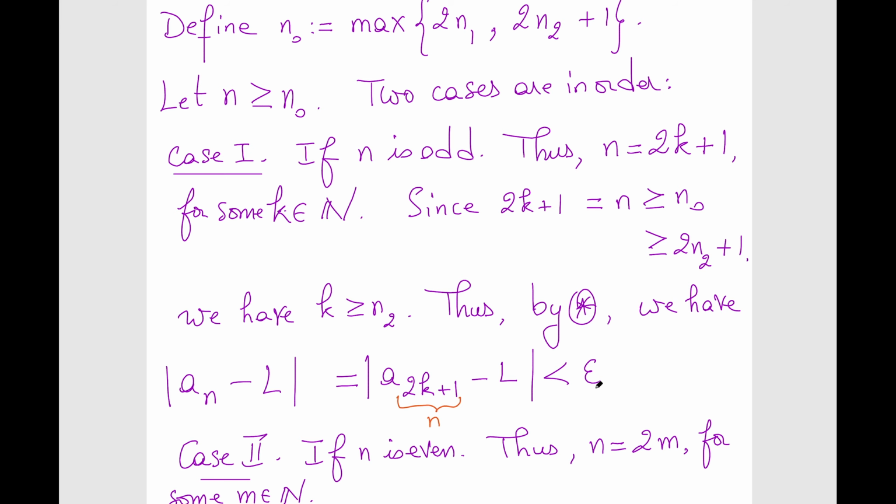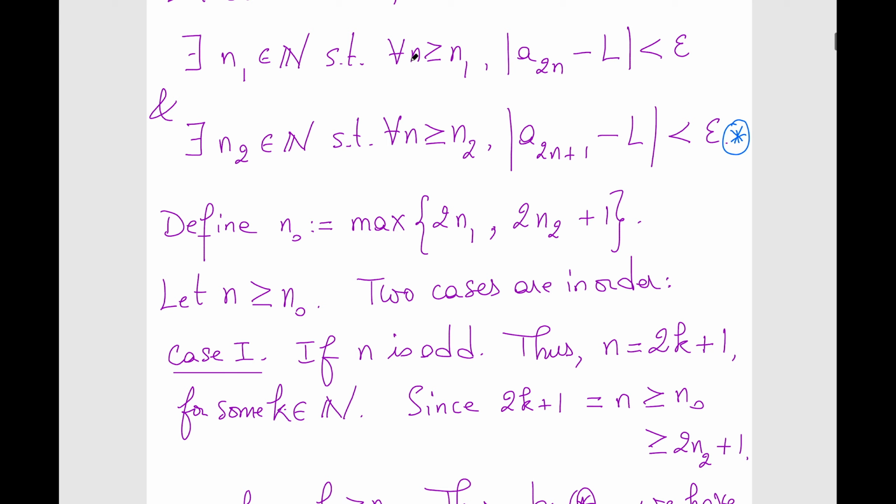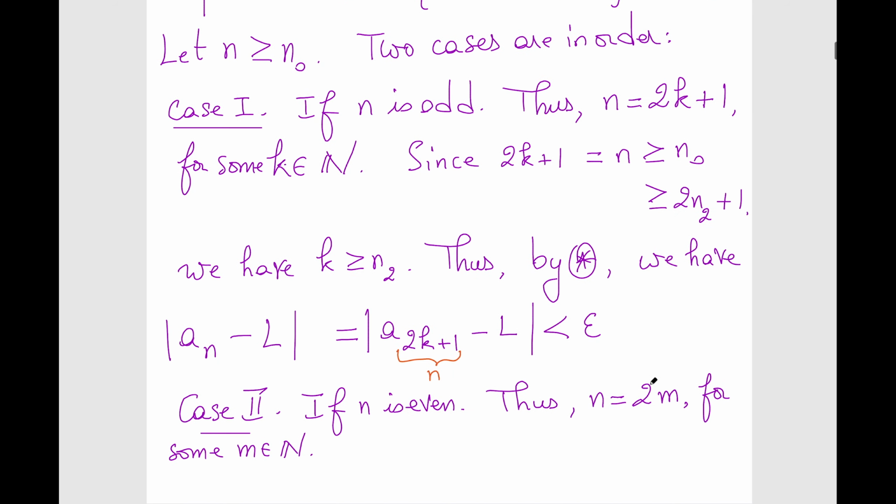And because m is greater than or equal to n_1, this statement kicks in for m, and you're going to get a_{2m} minus L is less than epsilon. And what's a_{2m}? Well, 2m is our n. So we get a_n minus L is also less than epsilon.